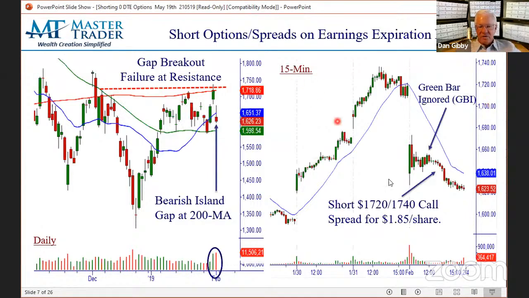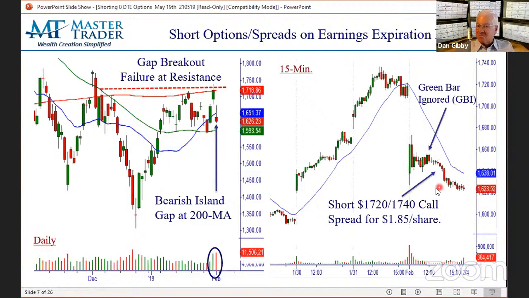This is a 15-minute chart. You can use a 5, and we put it in a thumbnail, which is just a blank chart, and we were sitting there watching for our entry. And since we had a bearish bias here, we're waiting for a bearish intraday entry.